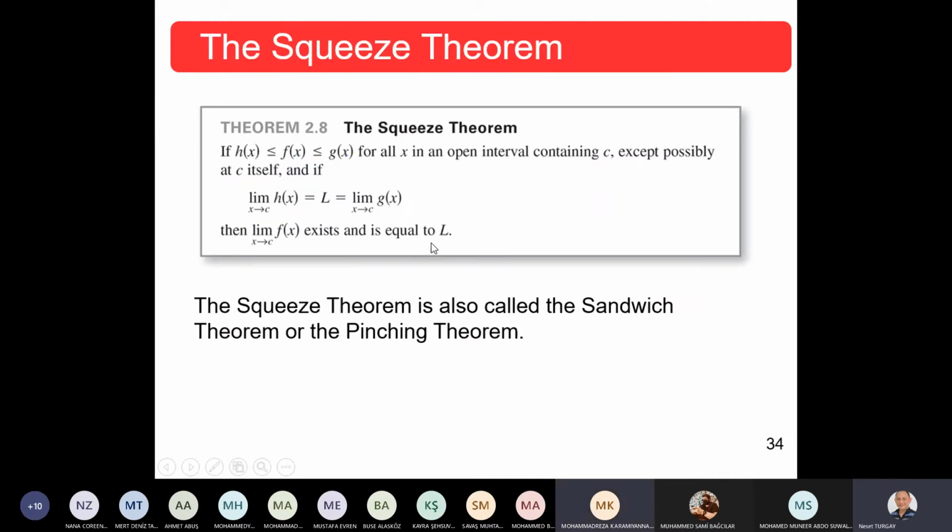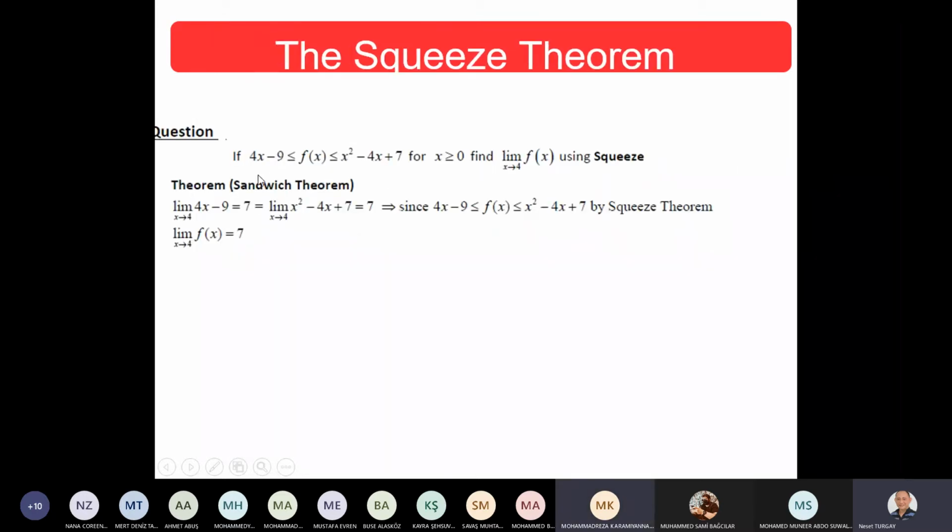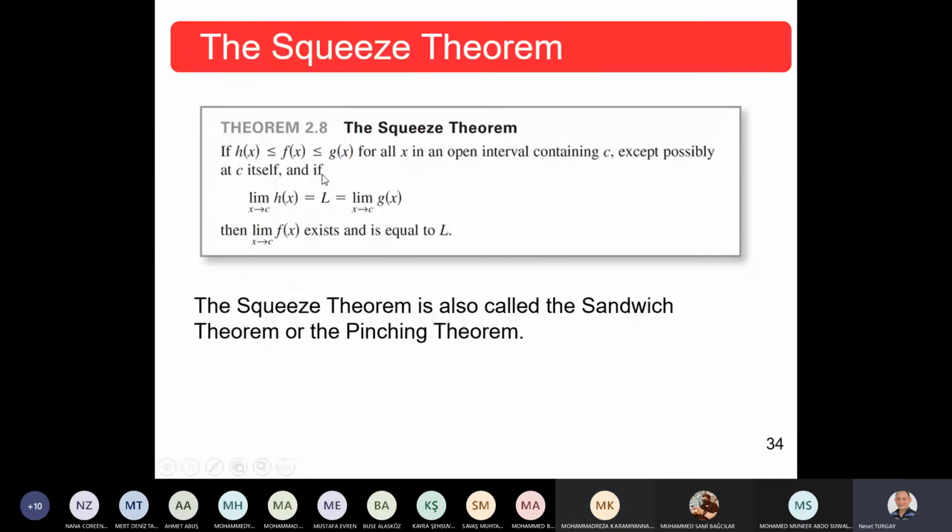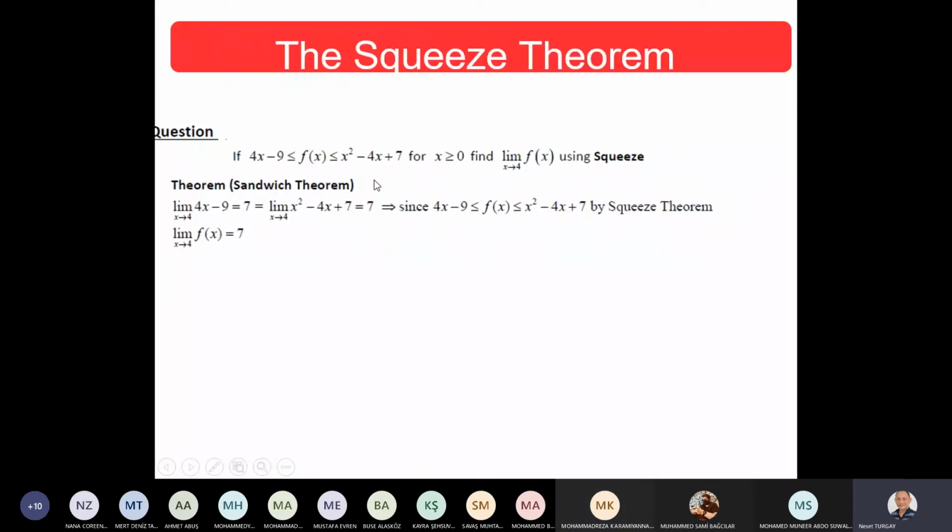Now, remember the theorem. Look at the limit of this one. Here, this is h of x. Am I right? This is your h of x. And this is your G of x. Now, the limit of this h of x is what? 7. Now I check the limit of this. It's again 7. Are you okay with this? Same. Yes, exactly.